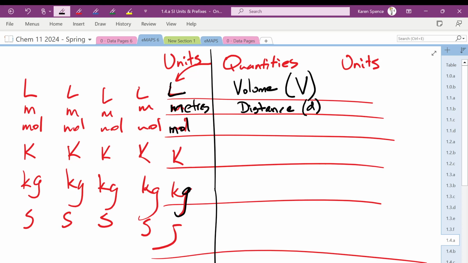All right, you got the tricky one. We've got a mole. And this one's kind of weird. What is mole short for? M-O-L is short for mole. Yes. Okay, they just took off one letter. I don't know, it's a bit goofy, right? And if we are measuring in moles, what quantity are we measuring?